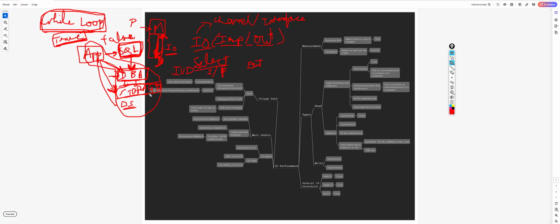Out of wear and tear, the disk platter or the spindle is not performing well, because of the age of that hard disk, 20 years, right?